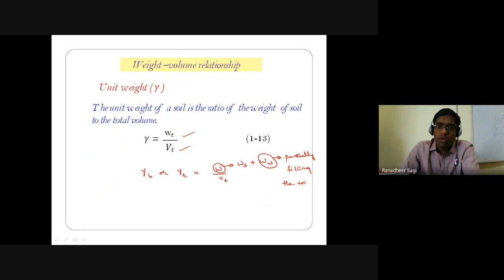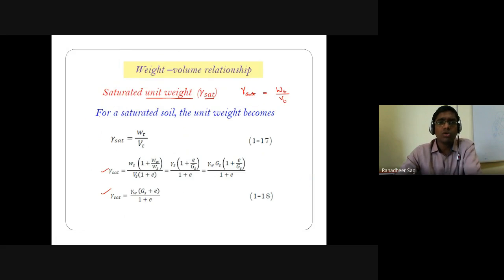So whatever voids are filled by water, how much is the weight of that water which is filling those void spaces, we represent as the weight of water which is partially filling those void spaces. That unit weight we can represent as your moist unit weight or bulk unit weight, or simply we call it your total unit weight or partially saturated unit weight of the soil.